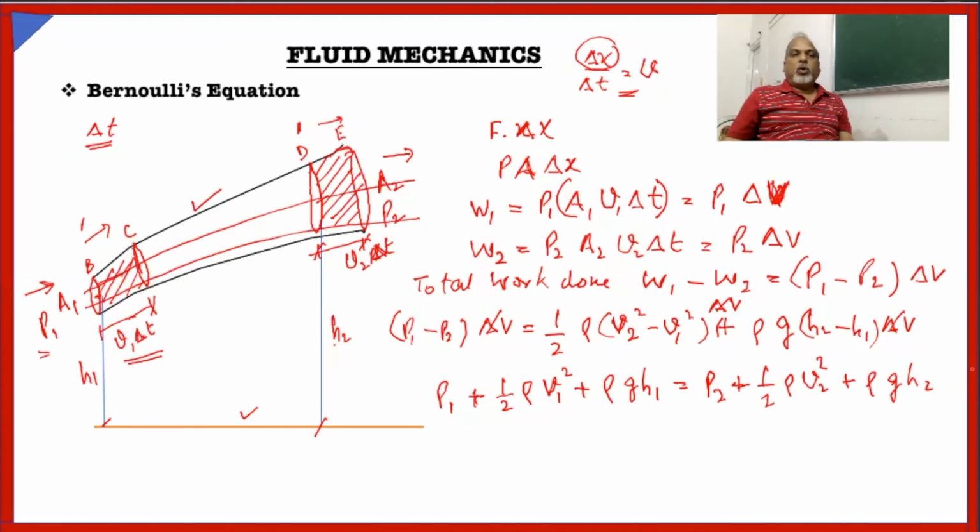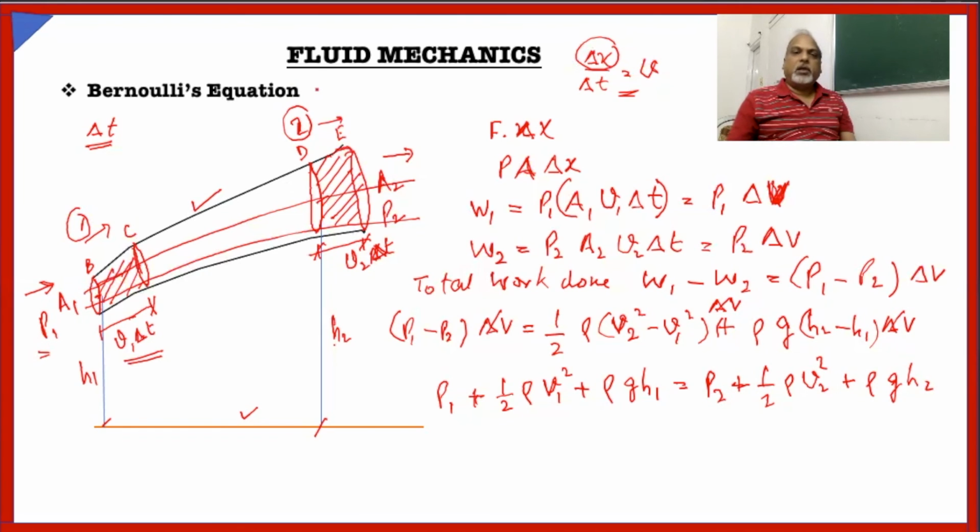So one is this end and two is this end, correct? So at one end, P1 plus half rho V1 square plus rho g h1 is equal to P2 plus half rho V2 square plus rho g h2.